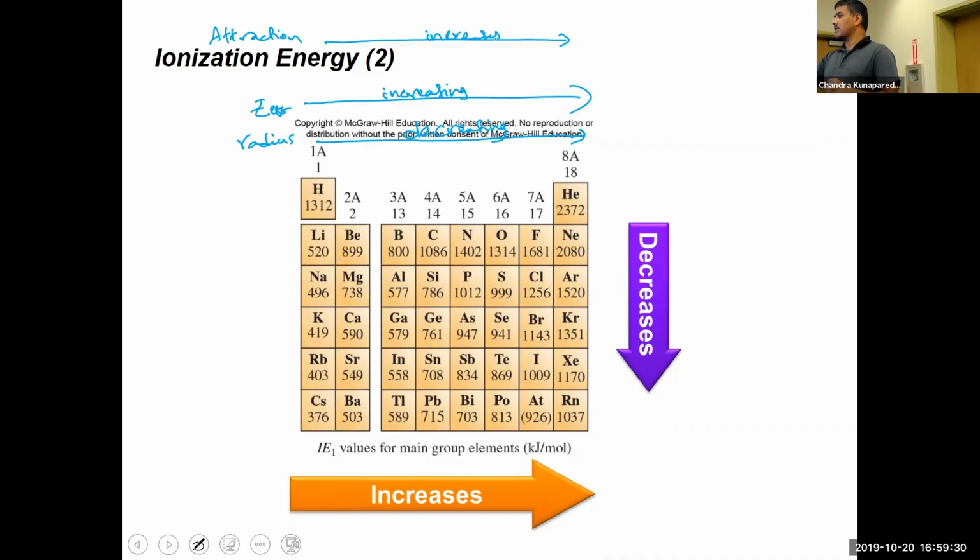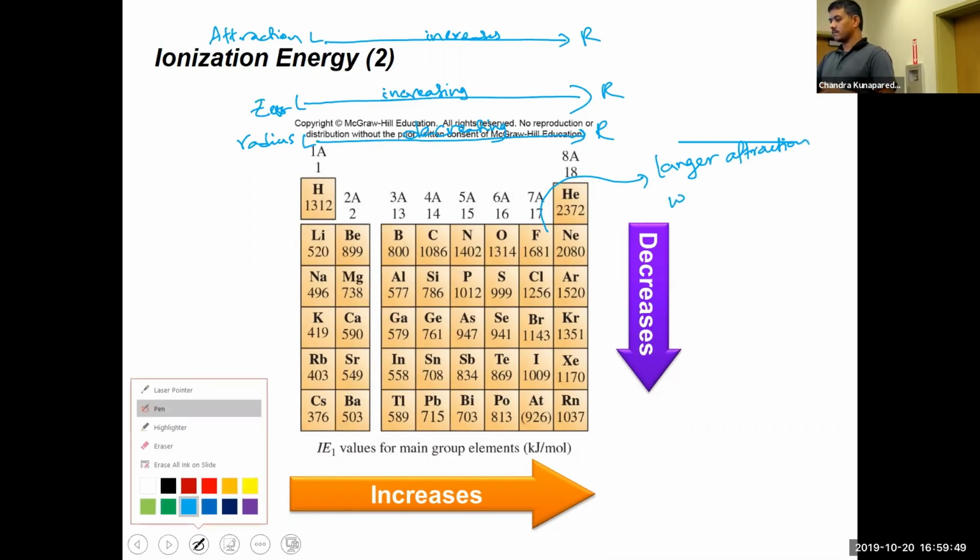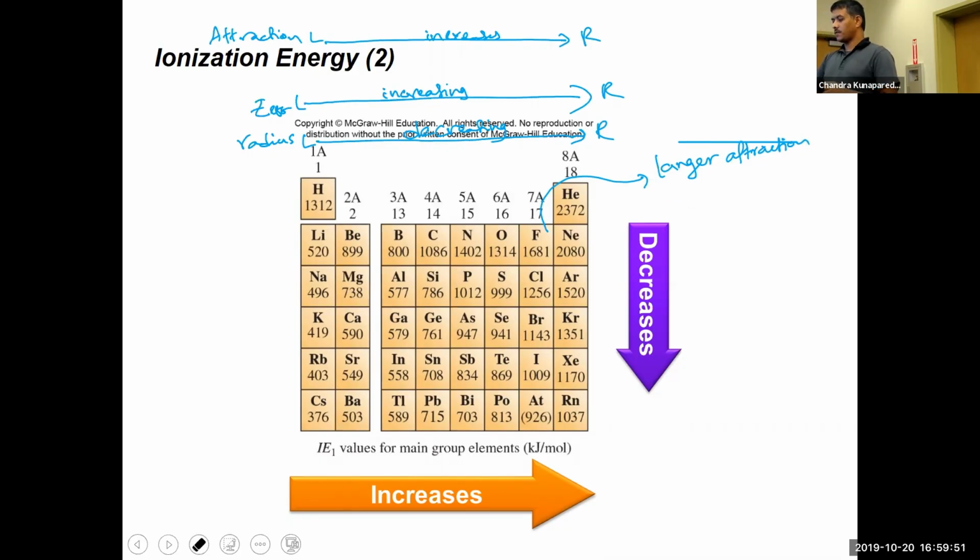It increases from left to right, because fluorine is going to have a larger attraction between its nucleus and outside valence electrons.